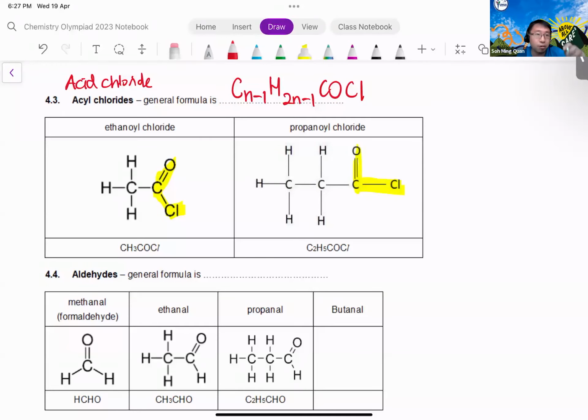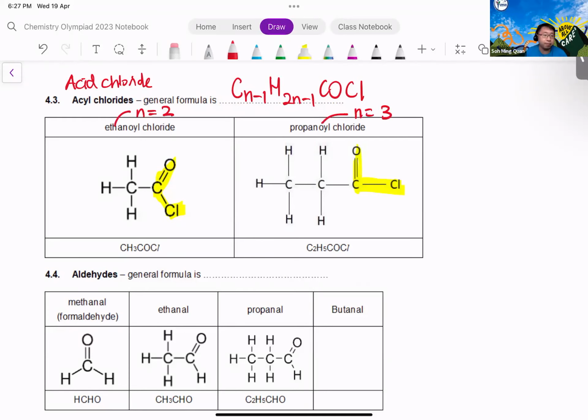So the n includes that one carbon in the functional group. So propanoyl chloride, n is 3. Ethanoyl chloride, n is 2. Okay, so you must sub in the correct n. Prop means 3 carbons, so n equals 3. But remembering that one of the carbons is actually in the functional group, you still sub in n equals 3.